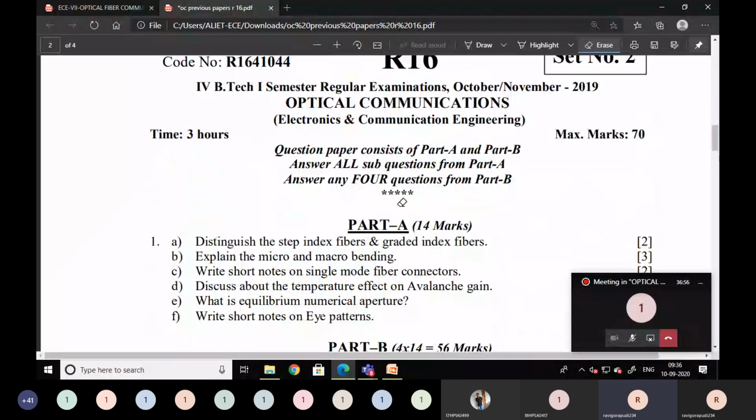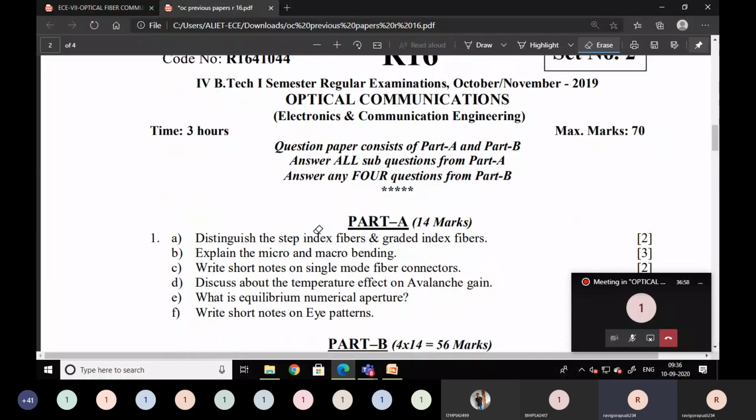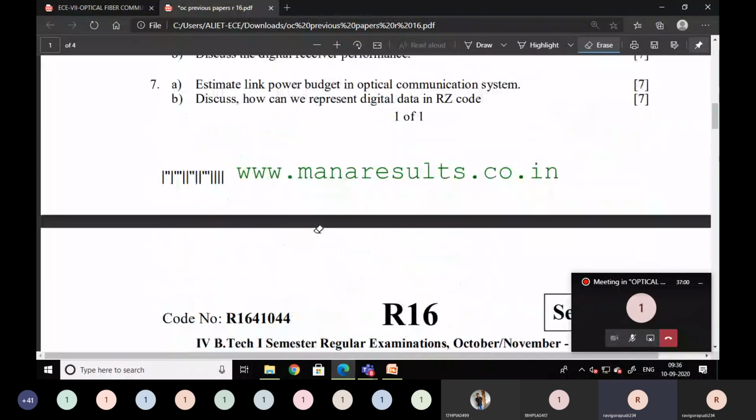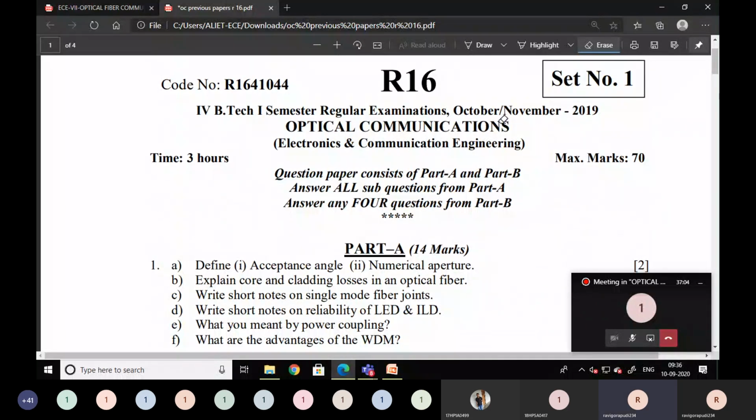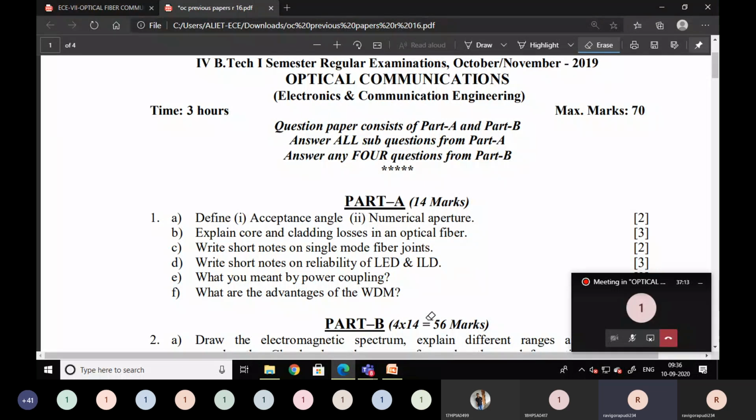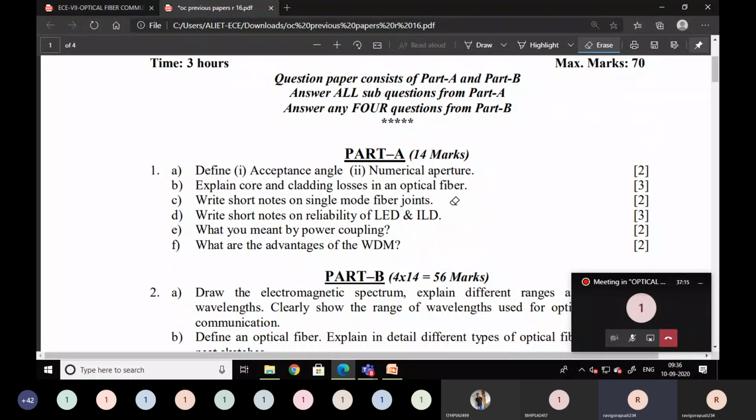Okay, then you'll go for the first question from the first set. This is, I think, a previous question paper, a regular question paper. Maybe we have 1 or 2 sets, the remaining we don't have. After completion of the first chapter: define acceptance angle, numerical aperture.